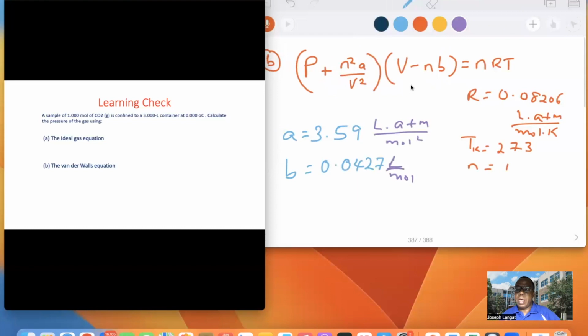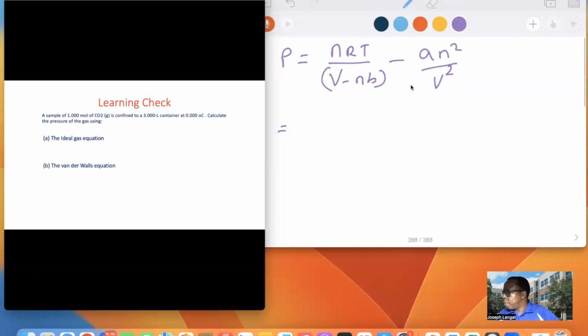I'm just going to plug in each value in its respective place. So 1.00 mole times 0.08206, with the units in there, over volume, which is 3 liters, minus 1 times b.